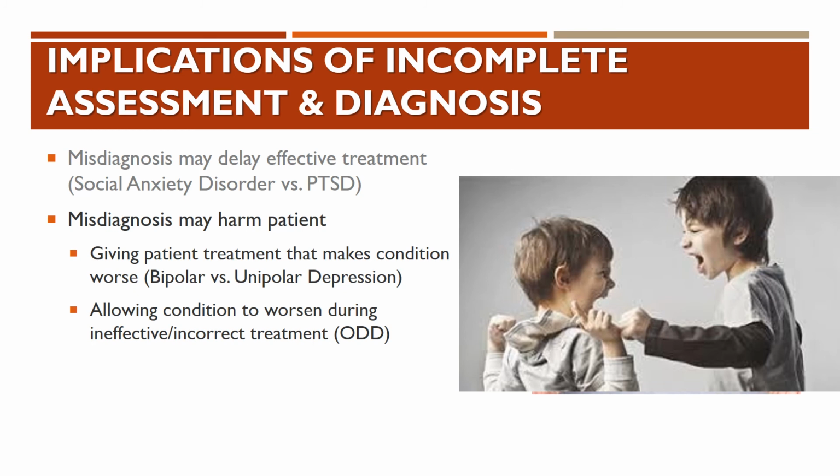Well, the condition of ODD is going to get worse if you treat it with the approach that you would treat ADHD, which would be a combination of behavioral modification therapy and potentially medication. The medication and behavioral therapy for ADHD is not going to help a child who has ODD, and what it could do is make the ODD get worse because it becomes a more entrenched, more established pattern of behavior.